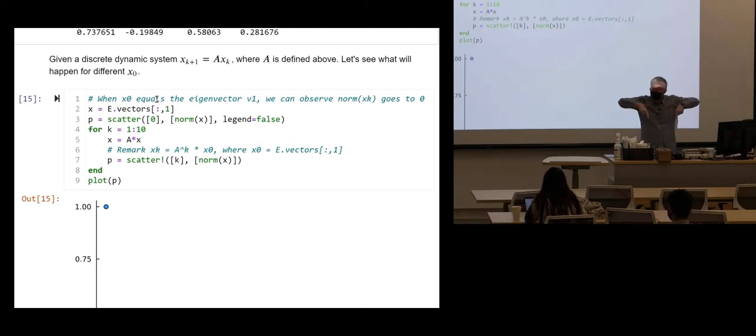N squared elements, if instead of looking at the vector in E1, E2, E3, E4, I look at it in the coordinates coming from the eigenvectors, I can look at A acting in this direction, A acting in this direction, and in each of those directions, A is just multiplying the vector by a constant. And so if I iterate my matrix, I can see the directions in which things are crushing down, and I can see the directions in which it is blowing up.